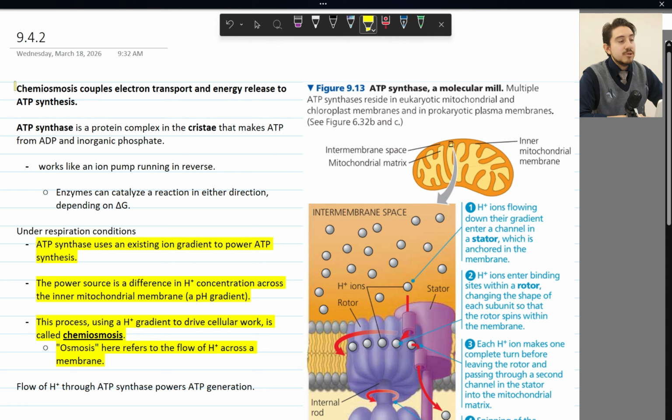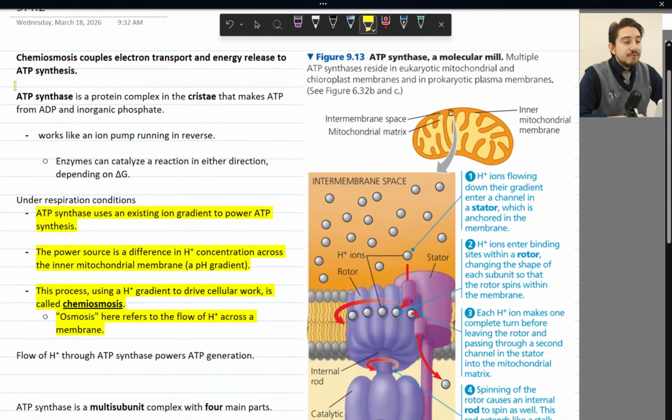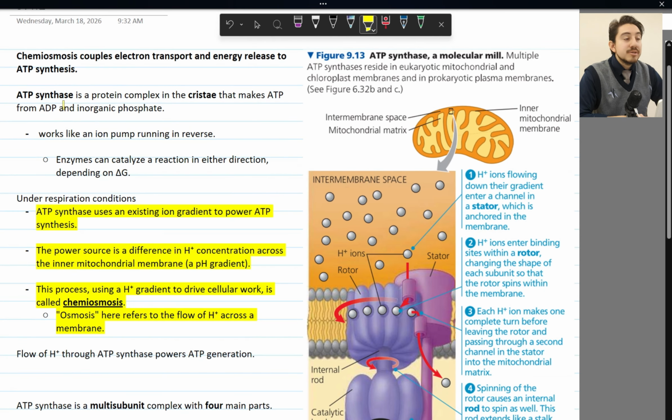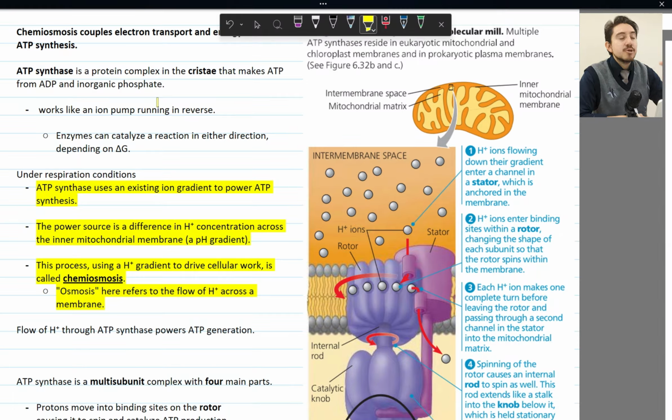Okay, now we go into chemiosmosis. Chemiosmosis couples electron transport and energy release to ATP synthesis. A very, very important protein complex that you need to know is ATP synthase. ATP synthase is found embedded within the cristae, within the inner membrane, and this is the actual complex that will create the ATP.